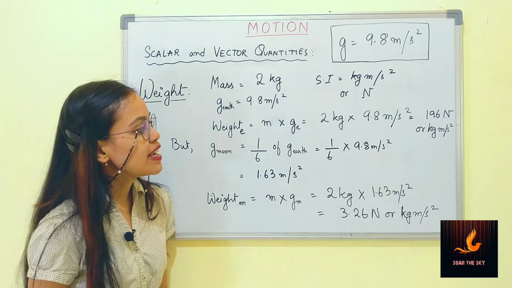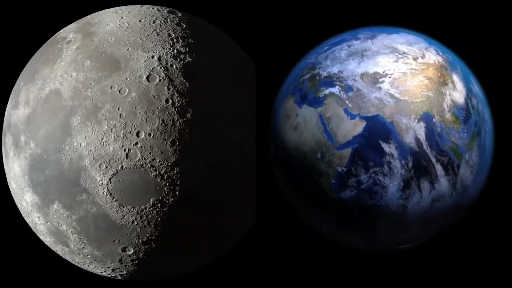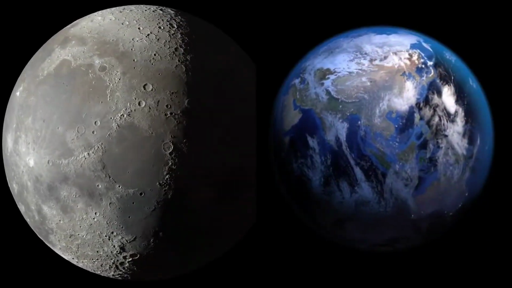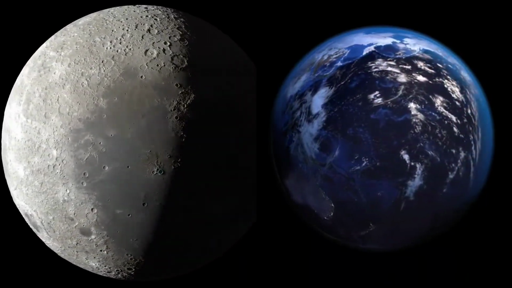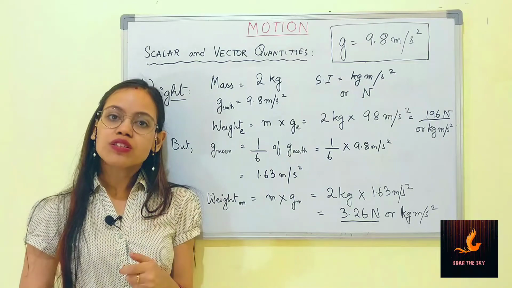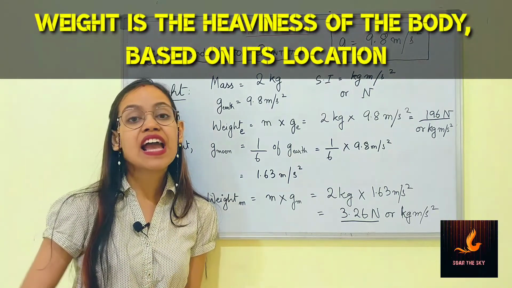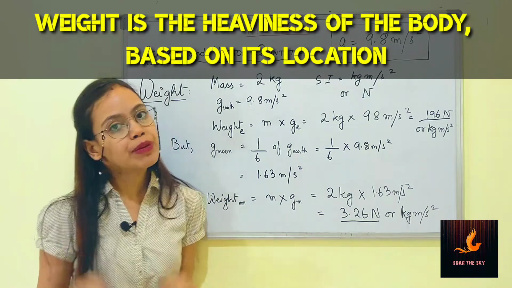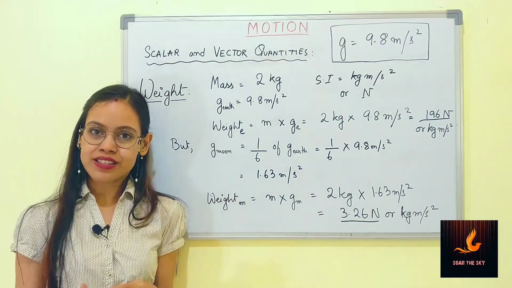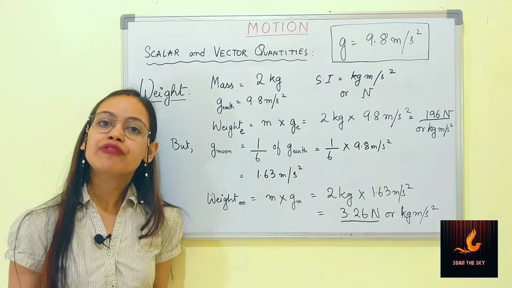Now you can see the weight of a body on Earth is completely different from the weight of the body on the moon. That means we can also say weight is basically the heaviness of a body based on a particular place. It varies from place to place and from time to time.